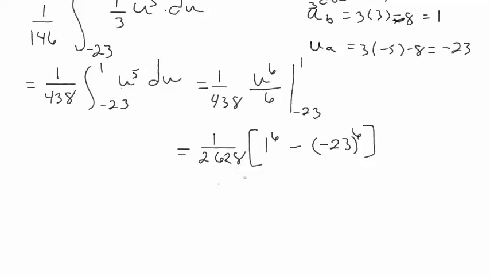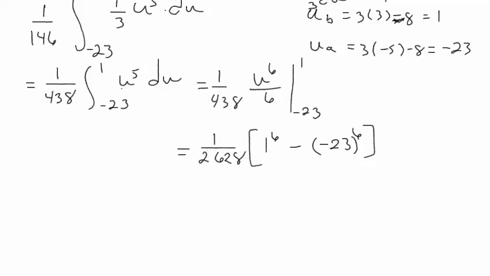And so we end up with 1 minus parentheses -23 to the 6th. That's going to be a big number, isn't it? Pretty big number there, looks like. And of course, I get an error. I'm trying to plug this into the calculator to save some time, and I end up with an error.